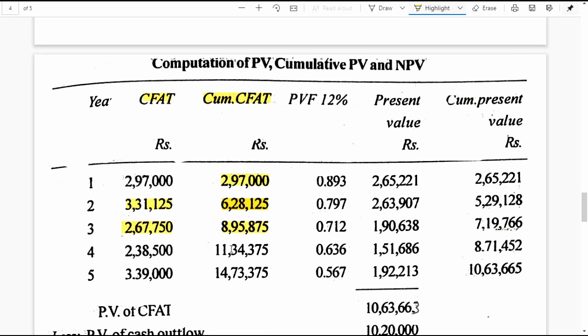So similar calculation is done for fourth year and fifth year, and final cumulative cash inflow from the project comes to 14,73,375.